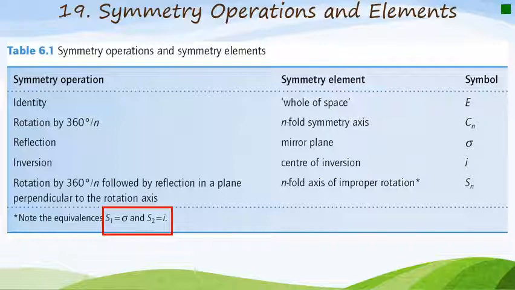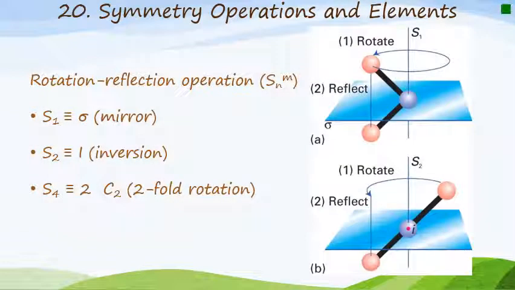Now there are some important things to note. First of all, specifically in relation to the improper rotations, if we do an S1, that means that we do a full 360 degree rotation and then we do a reflection. That is the equivalent of a mirror operation.